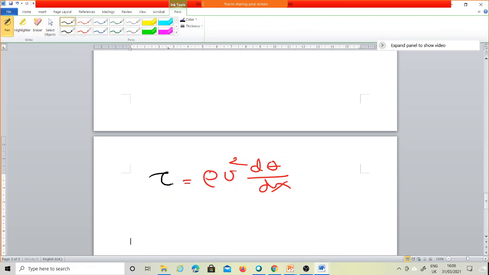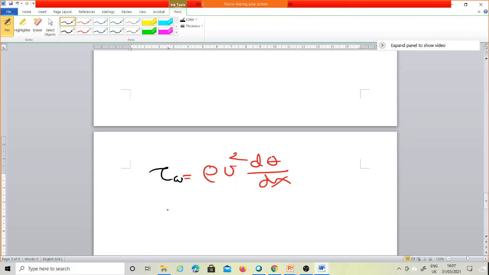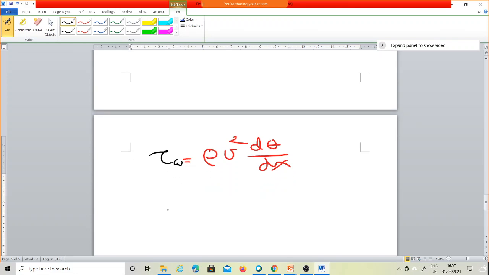You can also consider any position. The concept is the same. When you need to find the boundary layer thickness, we always need to use two forms. One is the Blasius form, another is the von Karman integral form. Both are for the shear stress. Then we equate these two equations.